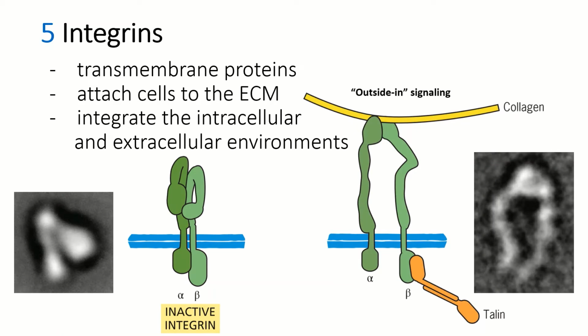They can become active based on signals, whether from the outside of the cell, from the ECM, which is outside-in signaling, or inside-out signaling, which is triggered from the inside of the cell. Then they can attach to other parts of the extracellular matrix and connect the cell to the ECM. When the signal is removed, the integrins can go back to their inactive state.